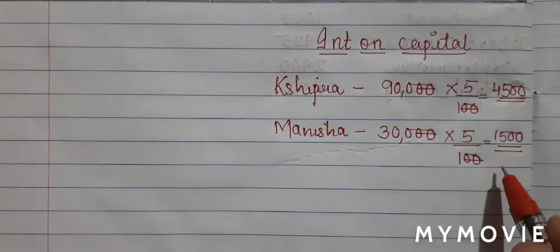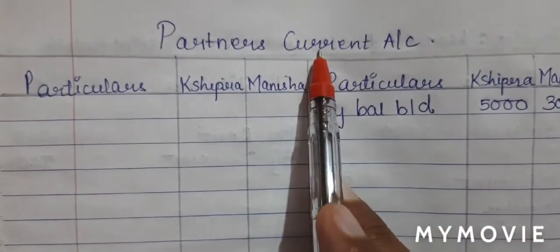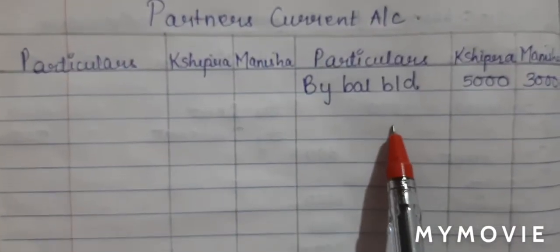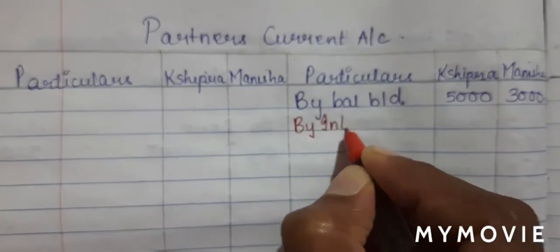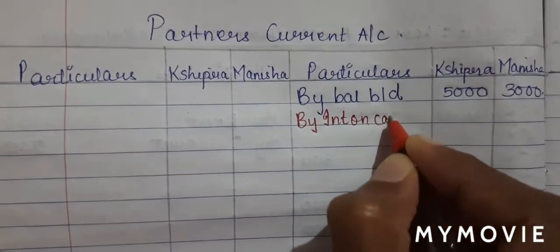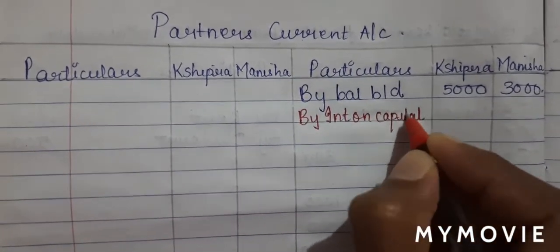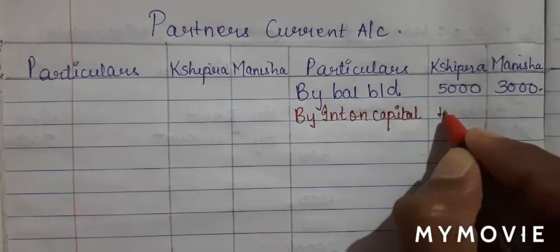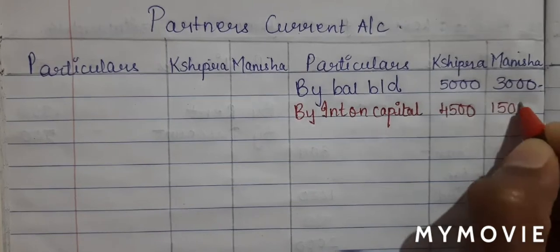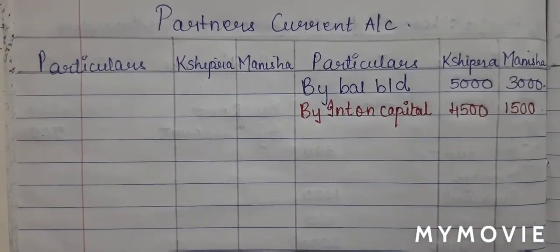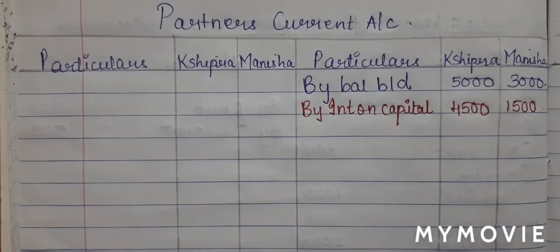So my first effect will be in my partner's current account. So in partner's current account, on my credit side, I will write by interest on capital. 4,500 for Shipra and 1,500 for Manisha. This is my first effect on interest on capital.